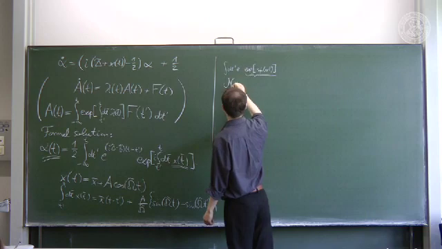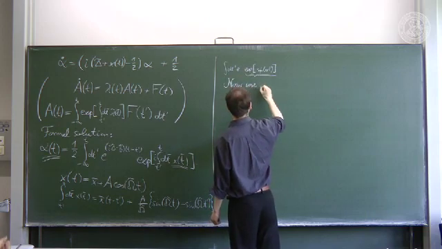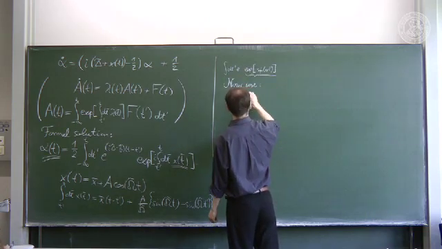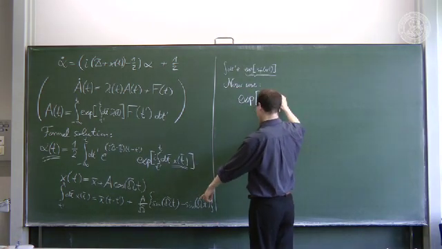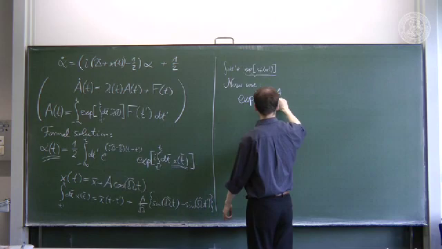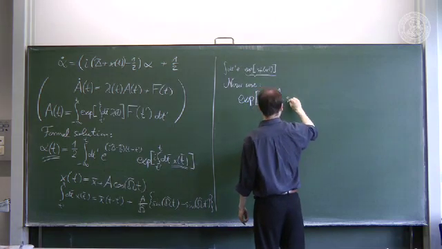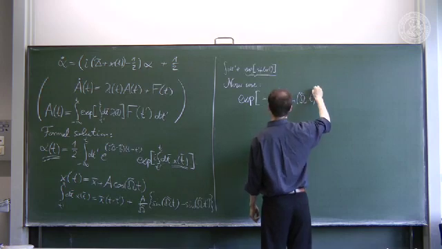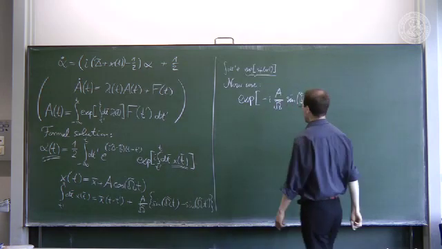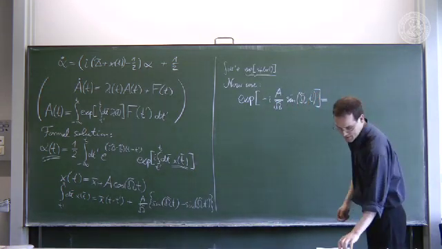So what I want to use now is that e to the minus i a over omega tilde sine omega tilde t prime can be written as a simple Fourier series.